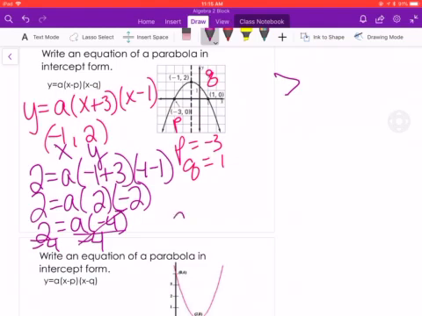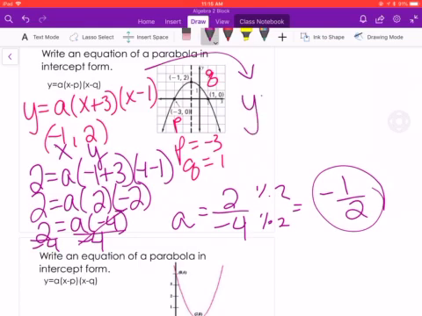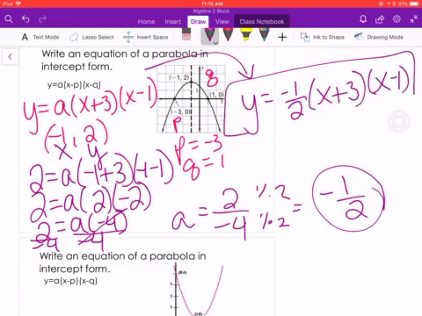I'm going to get A equals 2 over -4, which can be reduced by 2. Simplify, and you get -1/2. So A is -1/2. So then go ahead and go back to my original and plug in A equals -1/2, and then X plus 3 and X minus 1. So that would be my final answer.